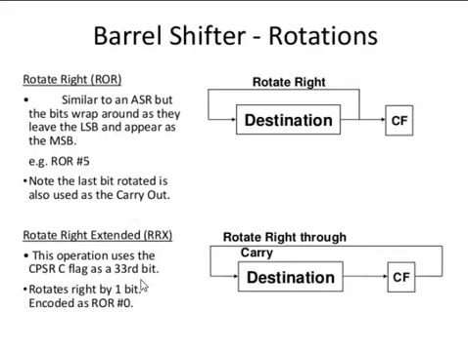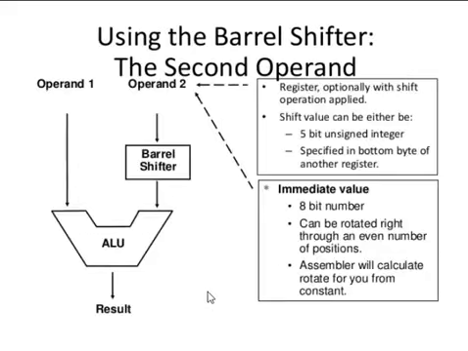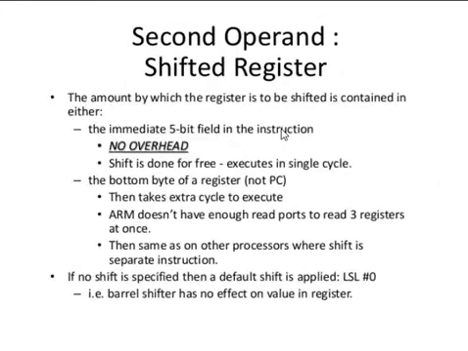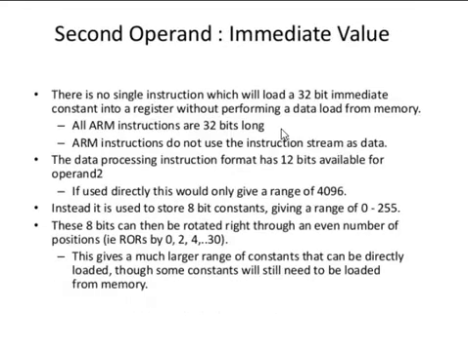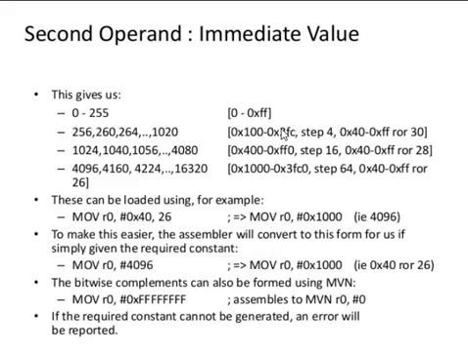See, the location of the barrel shifter is above the ALU. Now this ALU has a first operand and a second operand. The second operand can be a register value or an immediate value.